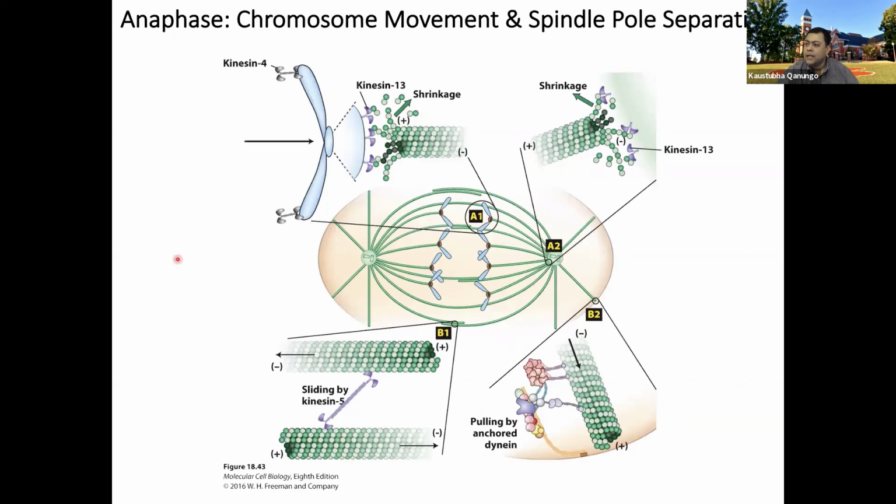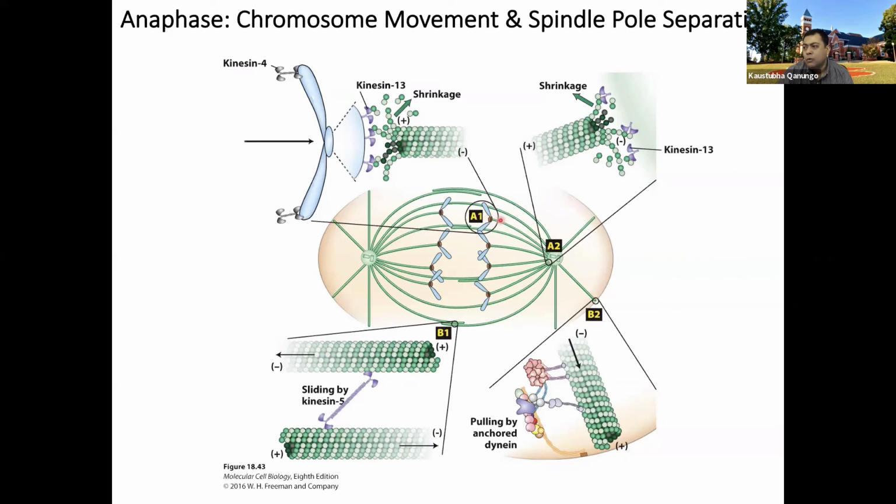The first thing happening is, let's take a look at how the chromosome is being moved. Here you have the chromosome, and this is moving towards this end with the help of the dynactin motor. Remember, not shown here, that kinesin 13 is shrinking it from the minus end, and the dynein dynactin motor is trying to move it towards the minus end.